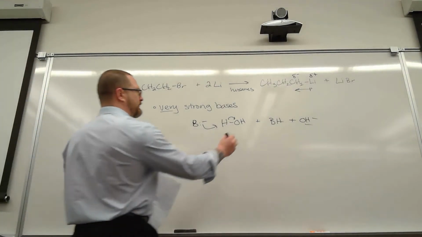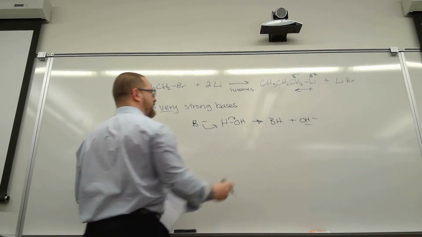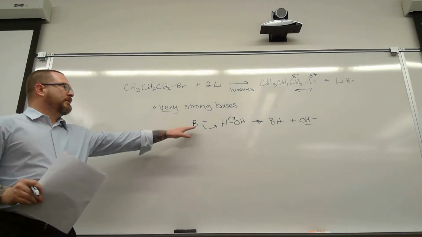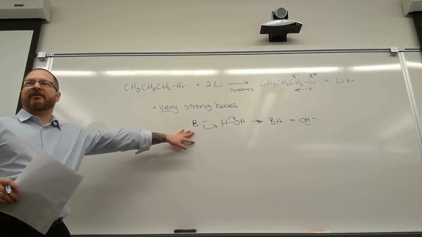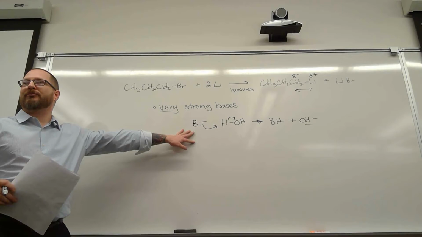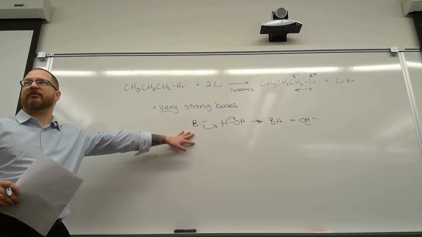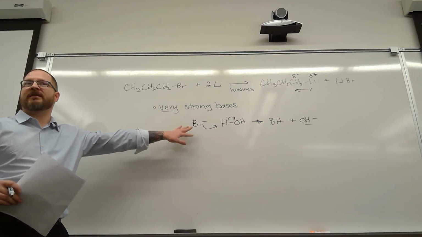Because of this, you have to have solvents that are acidic proton free. You can't use water, you can't use alcohols, you can't have water or alcohol contaminations in your solvents.